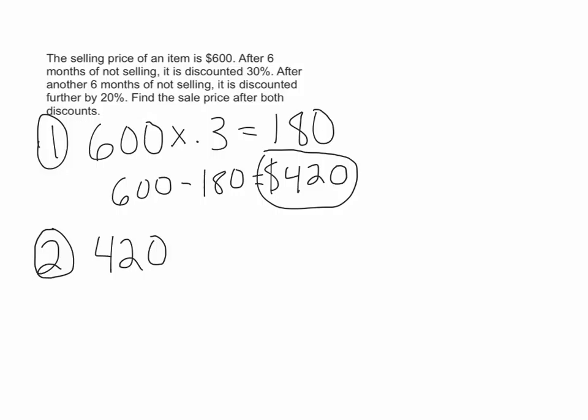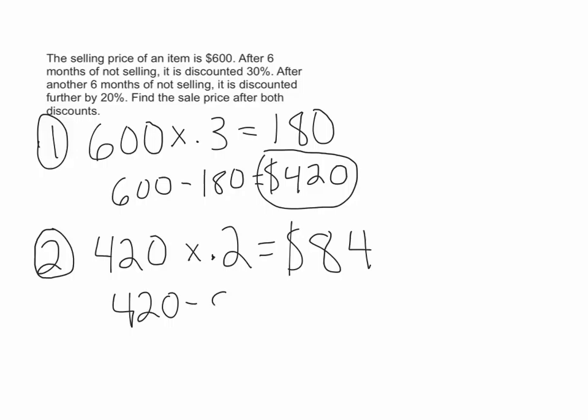We convert 20% to a decimal. That becomes 0.2. And 420 times 0.2 gives you 84. So that is the discount from the already discounted $420. Next, you take that price of $420 and subtract 84.